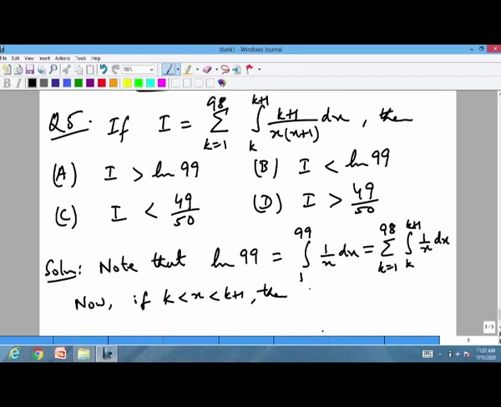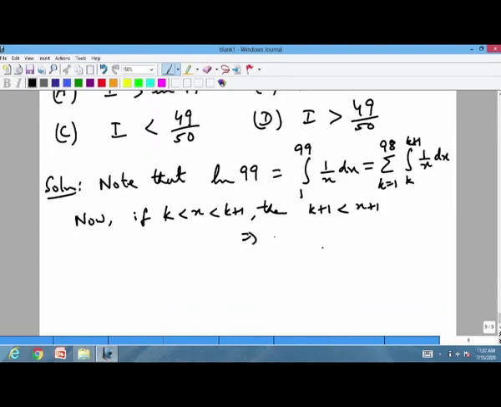Then we have k plus 1 is less than x plus 1, which implies (k plus 1) by (x plus 1) will be less than 1. So, therefore, (k plus 1) by x times (x plus 1) is less than 1 by x.